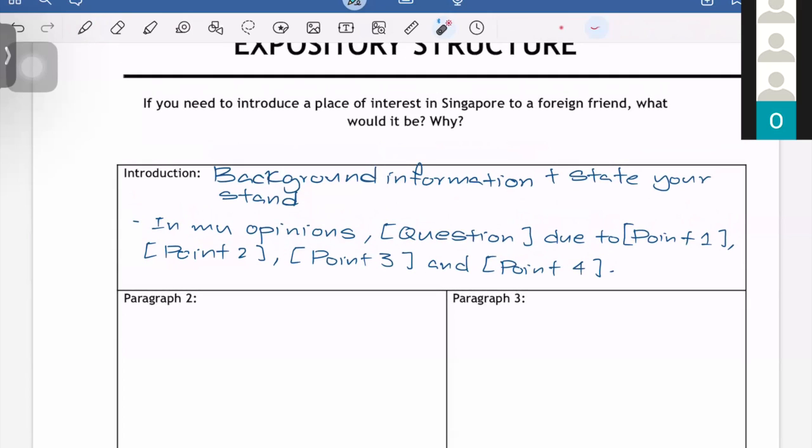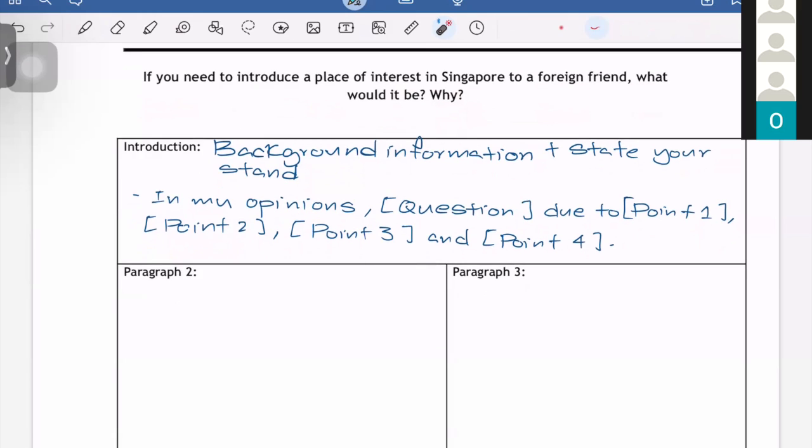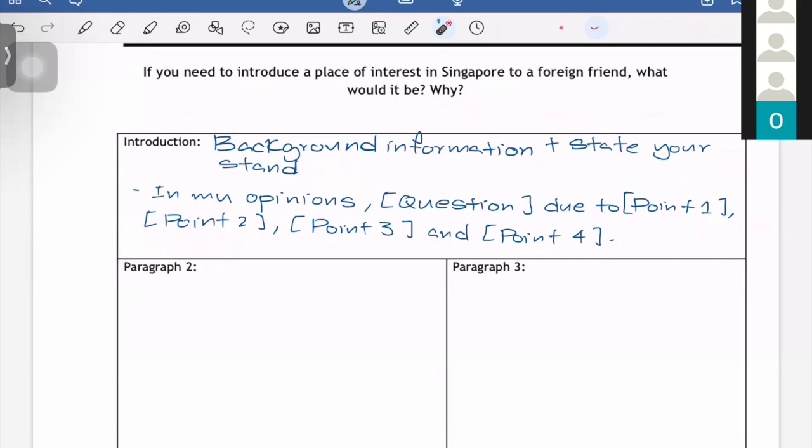So in this case, your question, if you need to introduce a place of interest in Singapore to a foreign friend, what would it be and why? So you'll be telling me you're going to introduce this place because 1, 2, 3, that is your reasons.